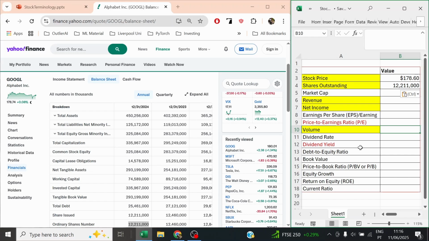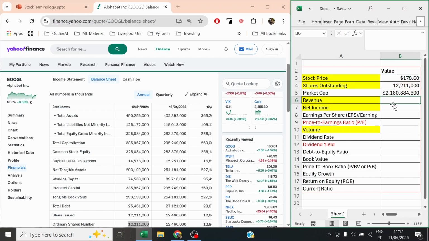All right. The next term would be market capitalization or market cap, which is the value of the company right now, and it's actually an easy term to calculate. You just multiply the stock price by the number of shares outstanding.